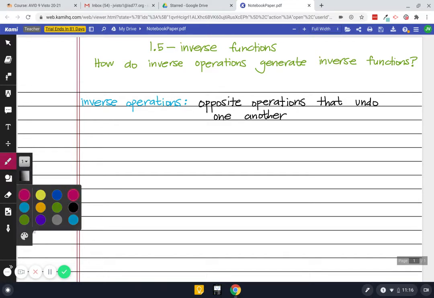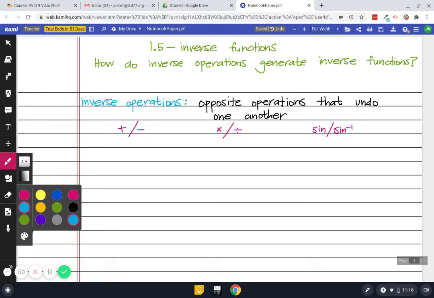Some popular inverse operations: plus, minus, multiply, divide, sine, sine inverse. That's something maybe you remember from geometry. Okay.